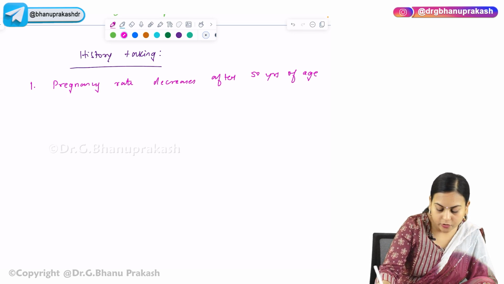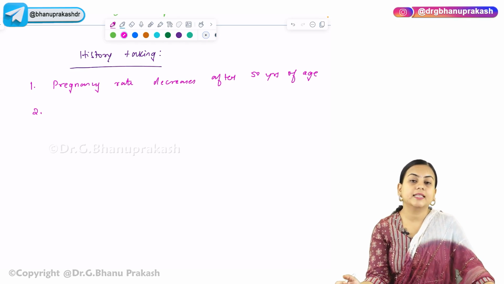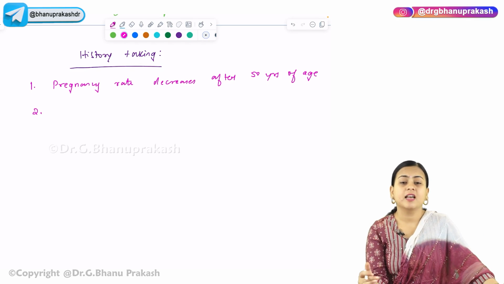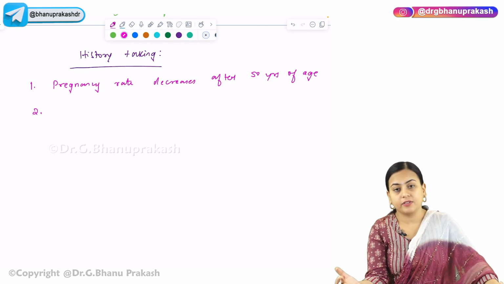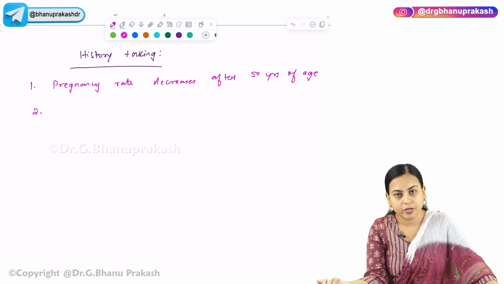Okay. So, not only the age of the female is important, but the age of the male is also important. But males are found to make pregnancy even in their 90s or 70s like that. But what is being said is that the rate of pregnancy is going to decrease after 50 years. Okay.